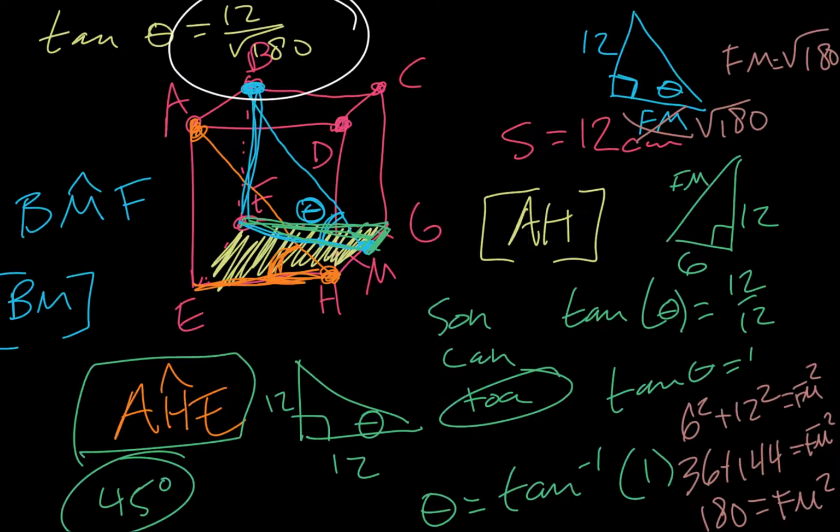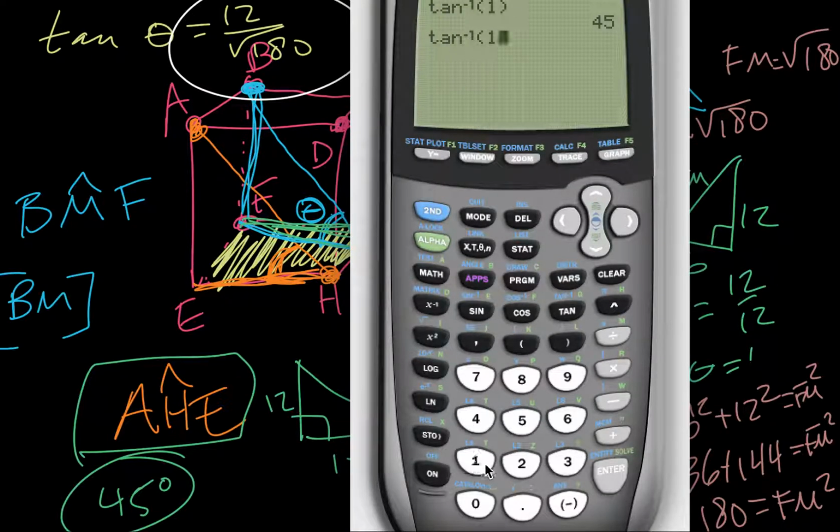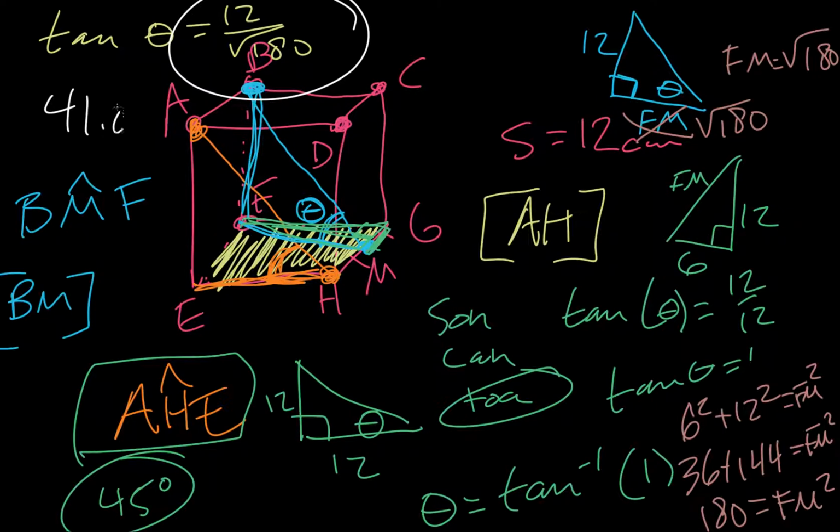So inverse tangent of 12 divided by the square root of 180. Yeah, that looks good. It's 41.8 degrees. So that's saying that this theta right here is 41.8 degrees.